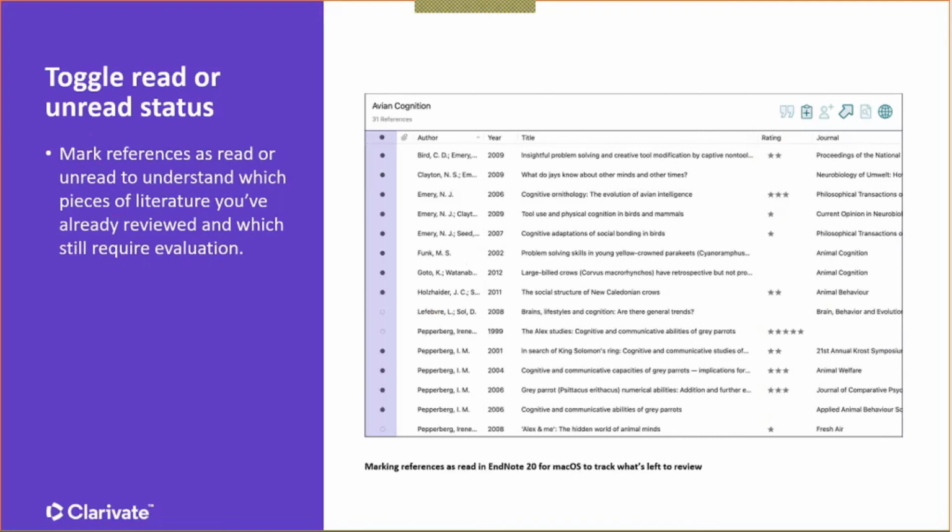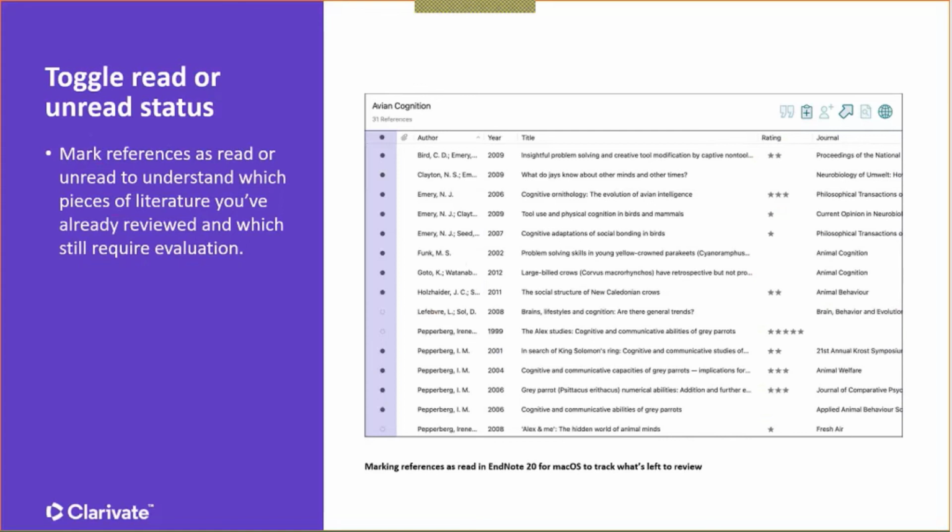You also have the ability to mark individual references as read or unread, so that if you're in the process of reviewing literature in your EndNote library and you want to keep track of what you reviewed and what is left to review, you see the little dots that appear. Again, this is an optional display field in your EndNote 20 library. The items that have the filled-in dot are materials that are marked as unread, still requiring review.